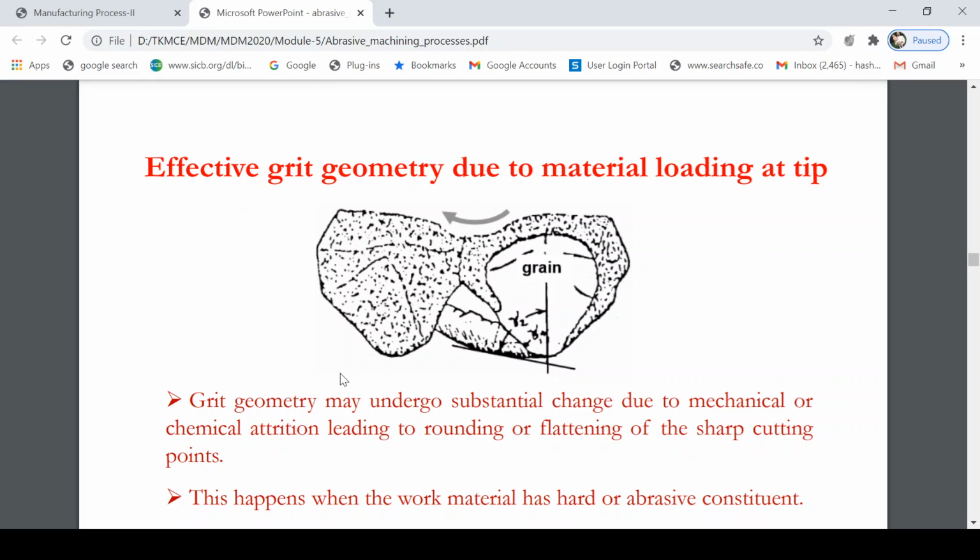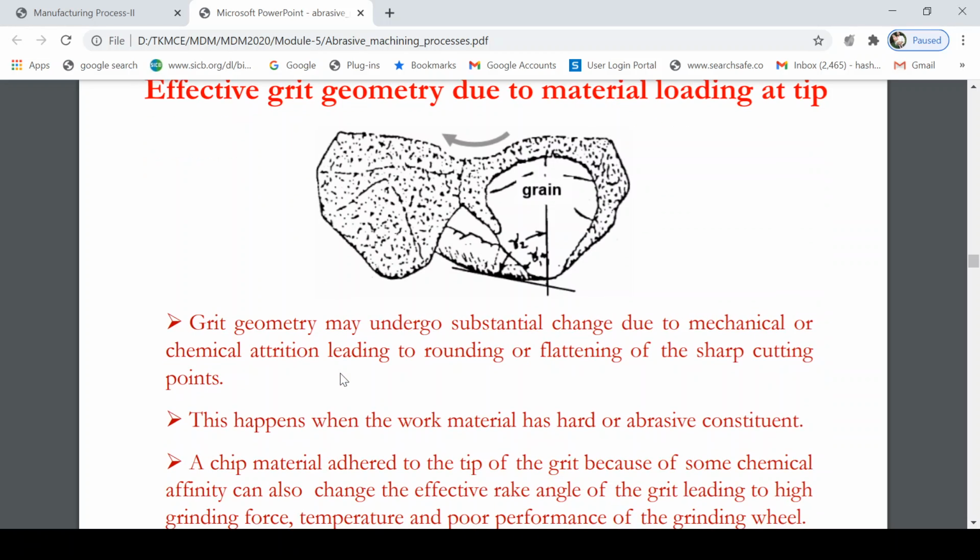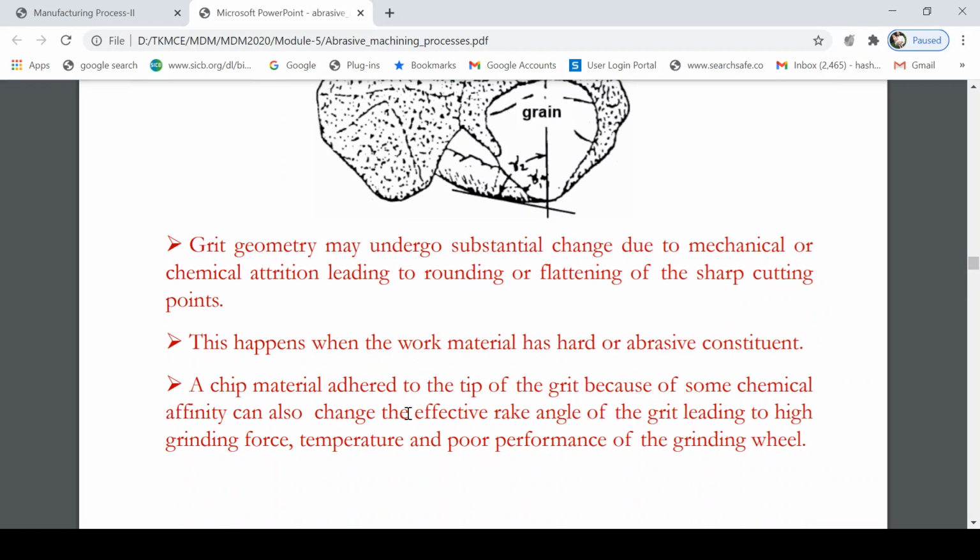Effective grit geometry due to material loading at the tip. Grit geometry may undergo substantial change due to mechanical or chemical attrition, leading to rounding or flattening of the sharp cutting points. This happens when the work material has a hard or abrasive constituent.